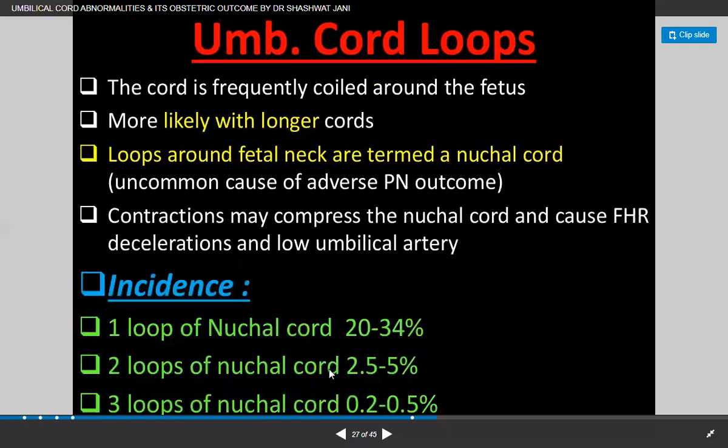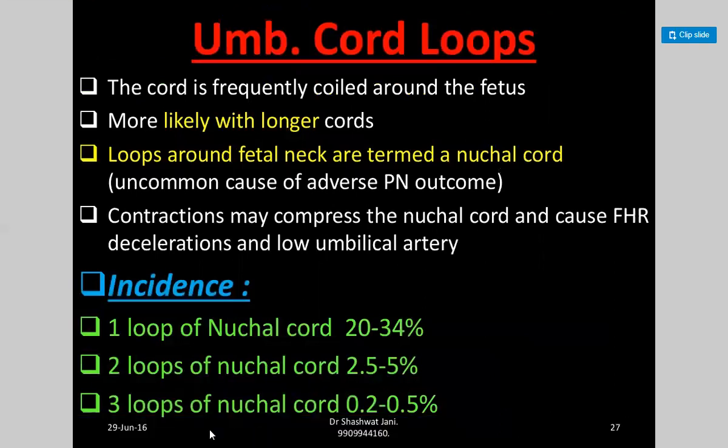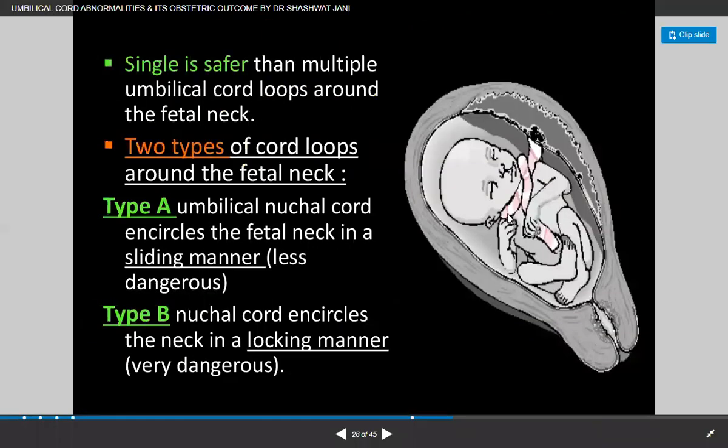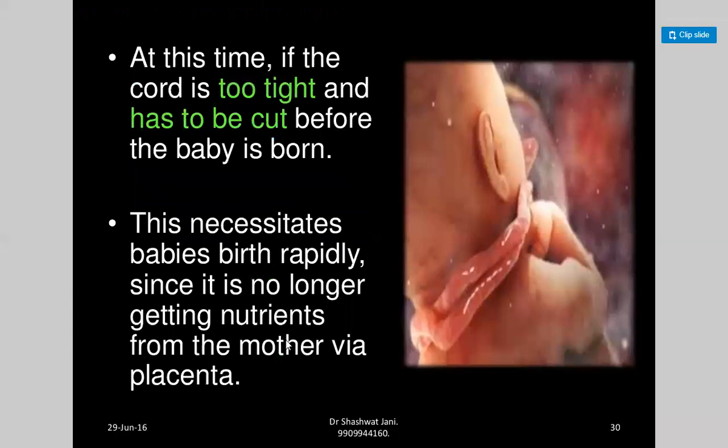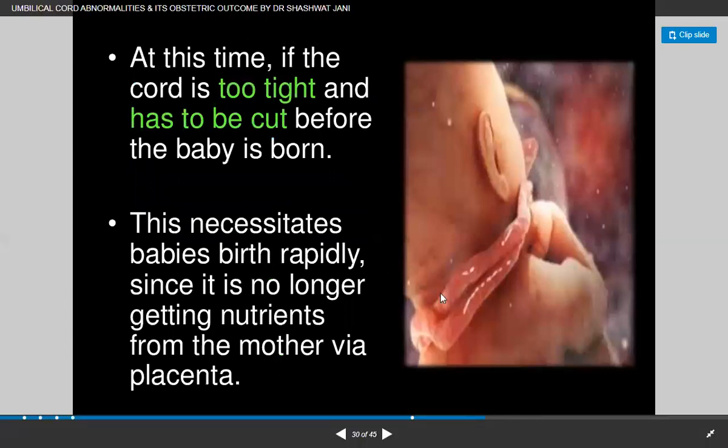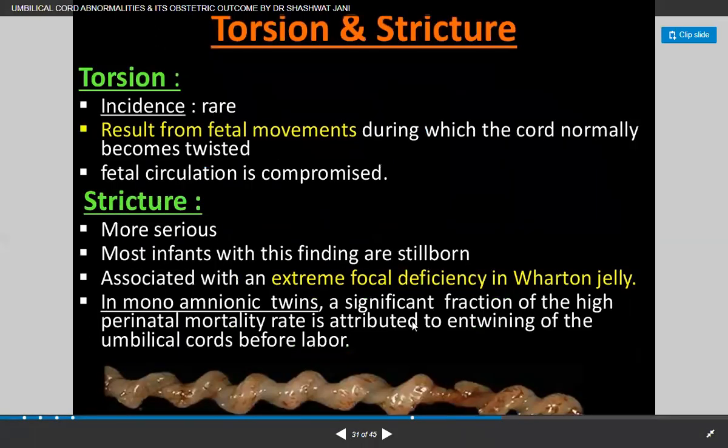Then loops, one to three. Types of loop: the first is sliding manner, and the second is locking manner. Then we have two loops present. Then sometimes there is torsion and stricture.